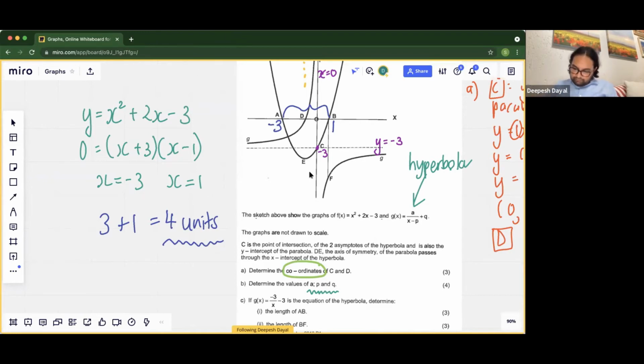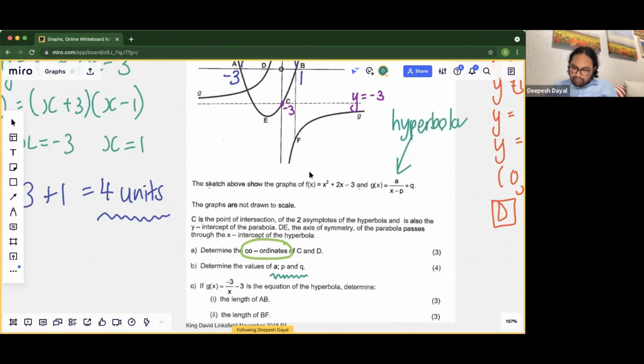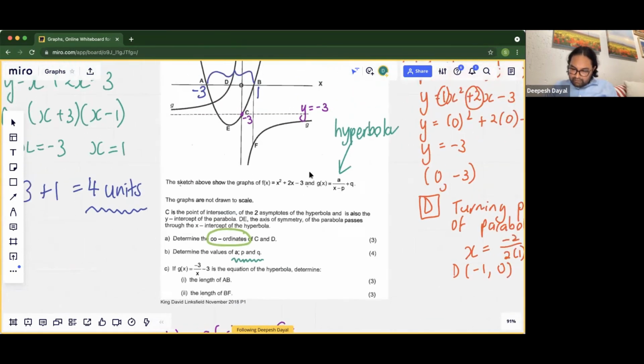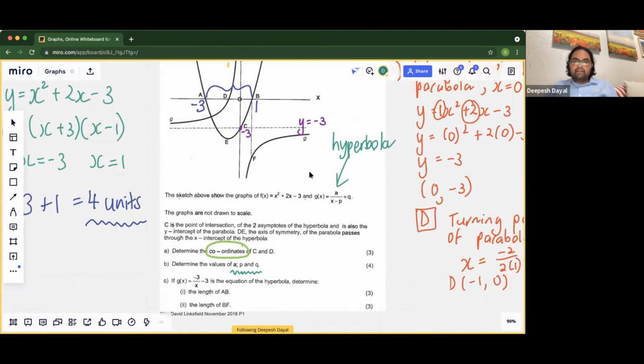Okay. And then the length of BF. Where is BF? There's BF there, see? Let's find the length of BF.